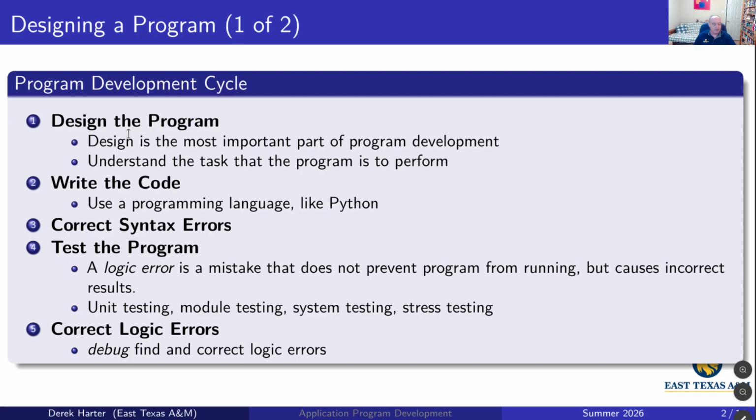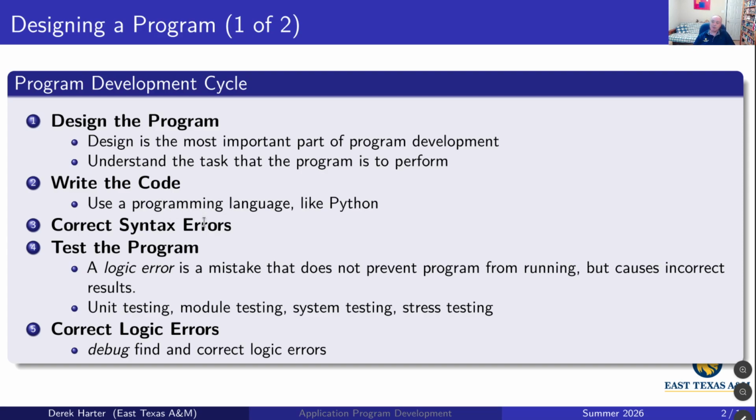If you become a software developer or a software engineer, you tend to spend most of your time on analysis and design and gathering requirements and stuff like that. In this course, we're usually going to start at the idea of writing the code. I mean, you have to put a little bit of thought into the algorithm, the steps you need to solve a question for an assignment, right?